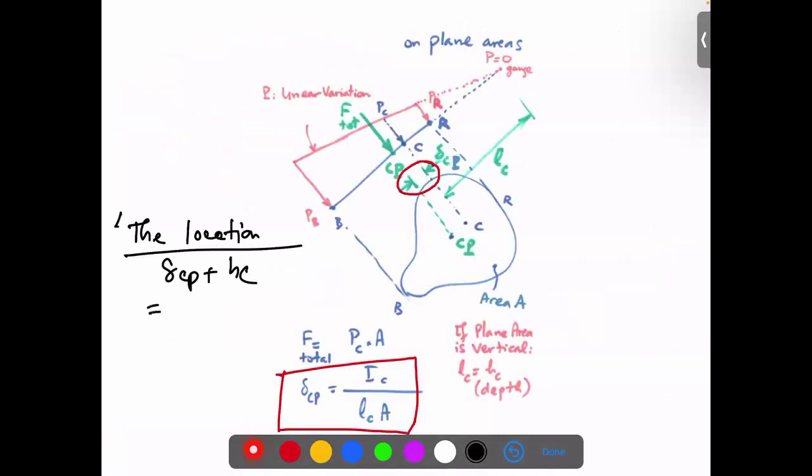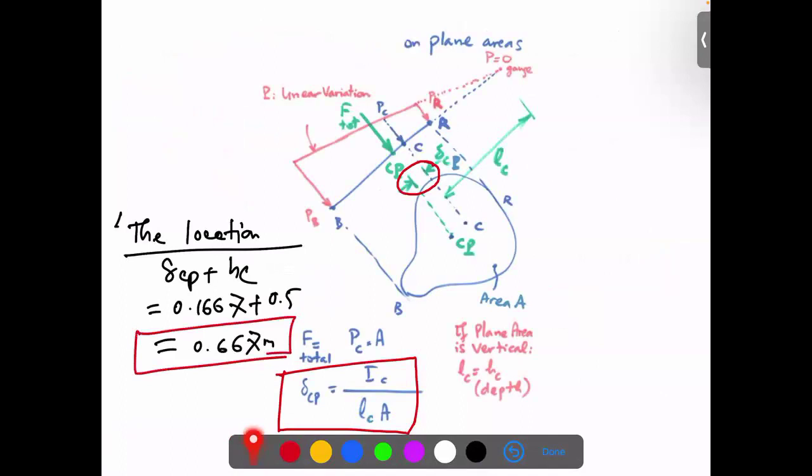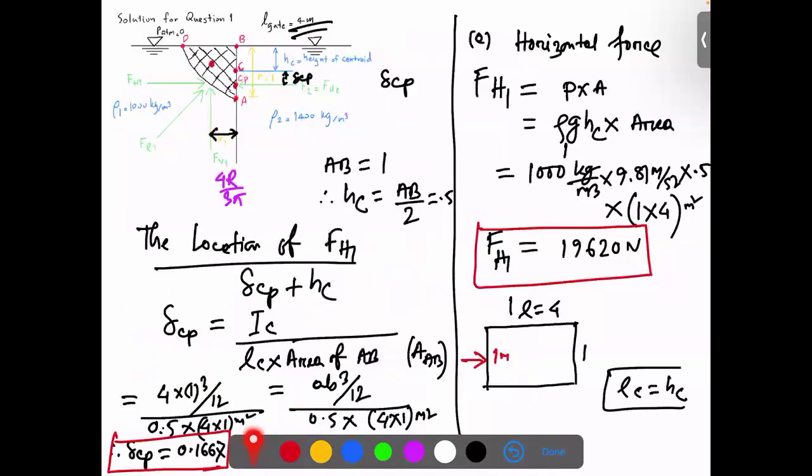So it is 0.1667 and 0.5. So it will be 0.667 meters. This is the answer, basically, where it is acting. From here to here, this is the distance at which it is acting. So we have done the horizontal force.